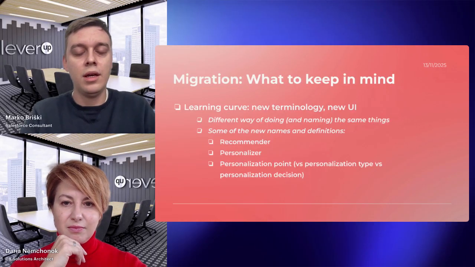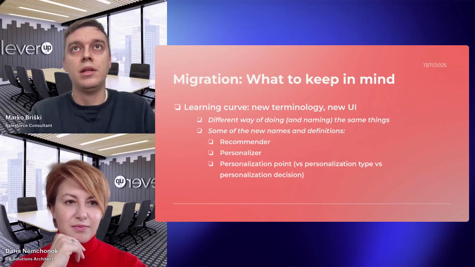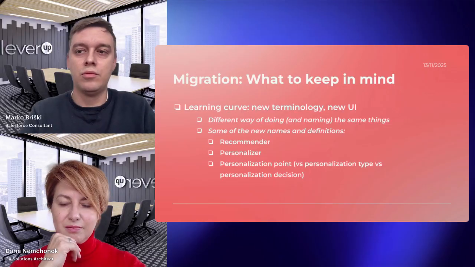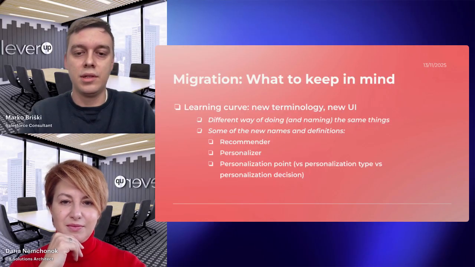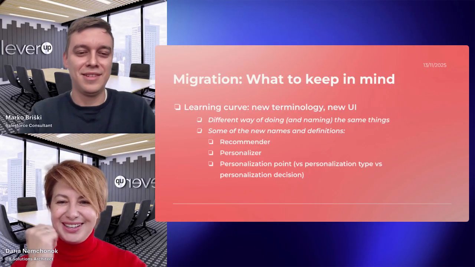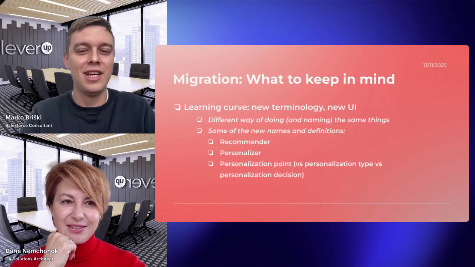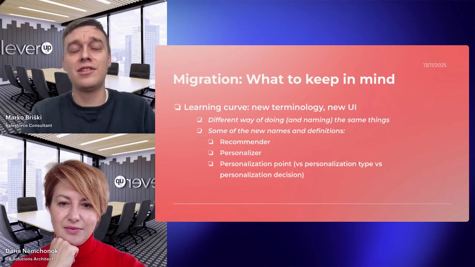And the other one is the manual content, which basically, as the name says, is just some kind of content that we decide to show to the person. Sorry, Marko. Yeah, the last one was the personalization decision, which is just a set of rules that decides who gets to see what.